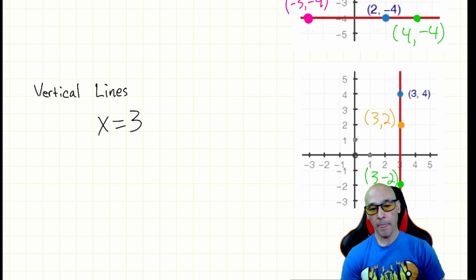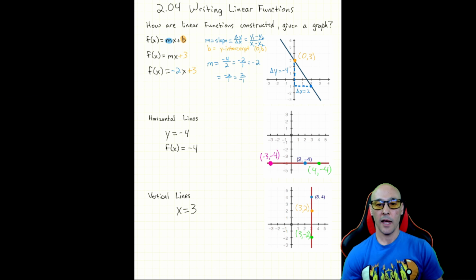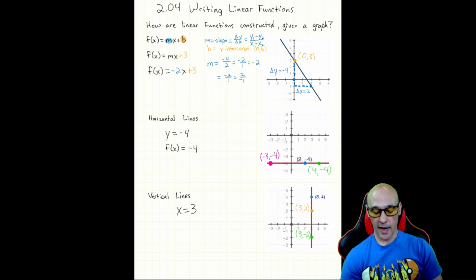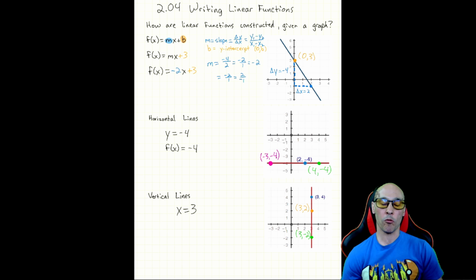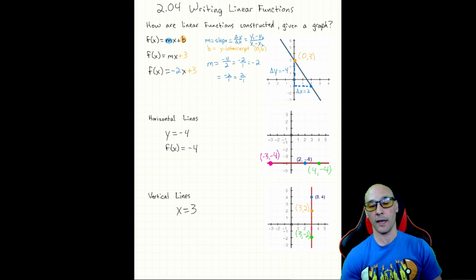Now, I can't write the equation for this line in function notation because it's not a function. We don't write non-functions in function notation, so vertical lines cannot be written in function notation. And that is an explanation for how we write the equation for a line given a graph.